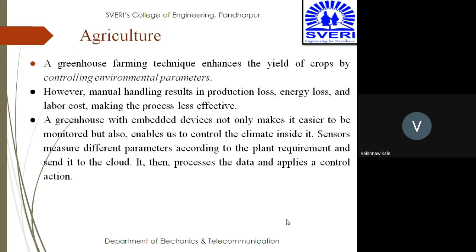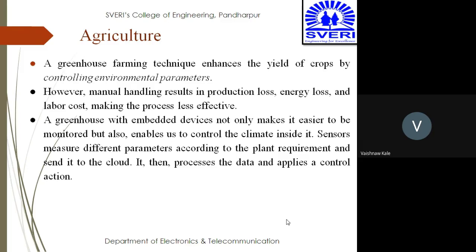So accordingly we can say that if the environmental conditions or the climate can be controlled, that can be done with the help of a greenhouse. The sensors measure different parameters according to the plant requirement and send them to the cloud. All the sensors, like the moisture sensor, the temperature sensor, and various other sensors, will collect the information of the plant and send it to the cloud.